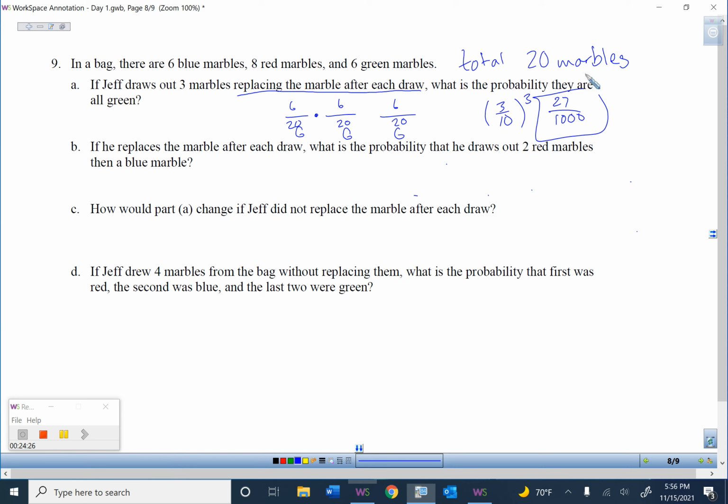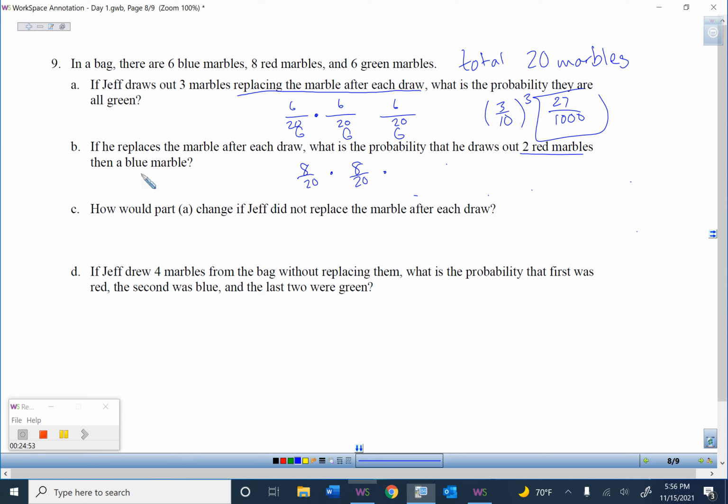Part B, if he replaces the marble after each draw, so same process, it wants the probability of 2 red marbles, then a blue. Okay, so 2 red marbles. Again, if you can see that it's repeating the same thing, we can use powers to help us. Okay, red, though, is 8 out of 20. Then we're doing that again.